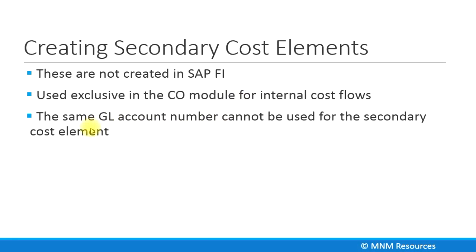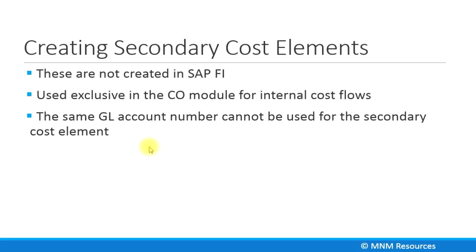Then the third statement which I mentioned over here is that the same GL account number cannot be used for a secondary cost element. So for example, we saw for expense account 501000, we created that as a primary cost element. You cannot use that same ID and create it as a secondary cost element, because those GL accounts can only be created as a primary cost element.